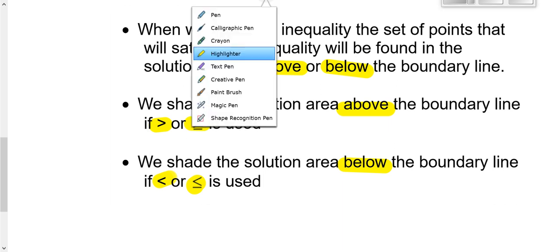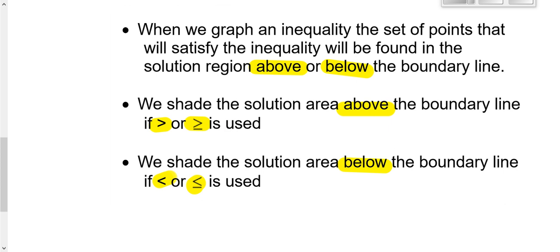So a general graph would look like this. If you have a line here in a function, then anything above would be greater than or equal to, and then if there's anything here, then it would mean it is either less than or equal to.